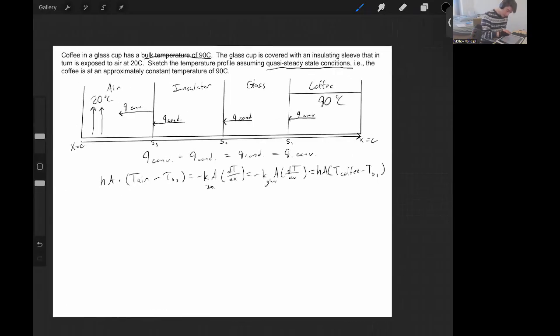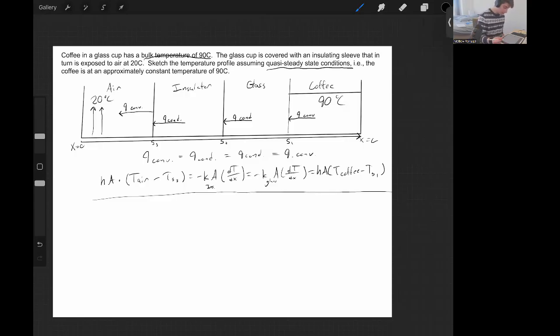So here we have the mathematical relationship between all the profiles, and they all have to equal each other in this case. Because remember, whatever comes in must also come out in a proportional amount. So how can we begin to sketch the heat profile for this?